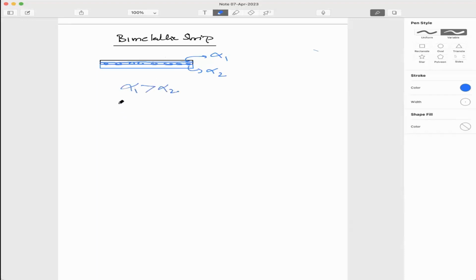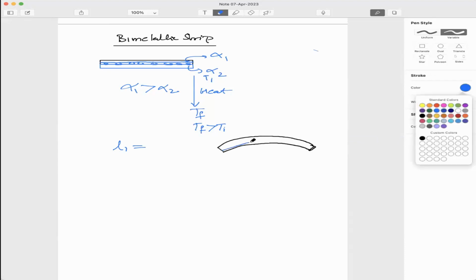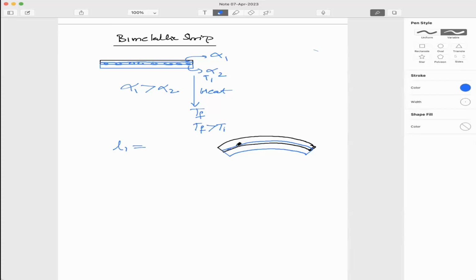What will happen if you increase the temperature of this bimetallic strip from T initial to T final, where TF is greater than TI? The shape will become curved like this, with the first material and the other material pivoted here, and consider this angle to be theta.